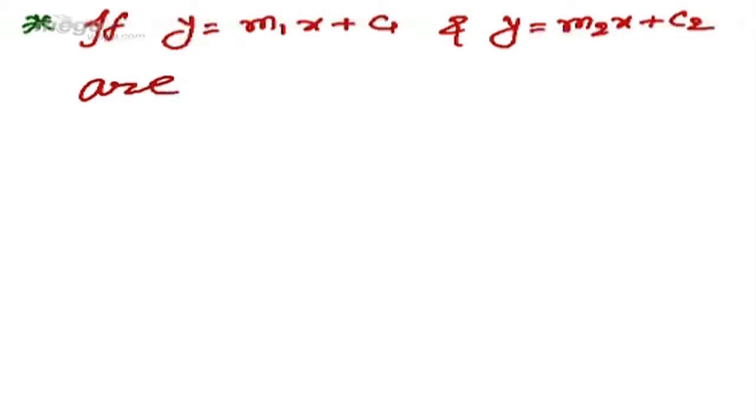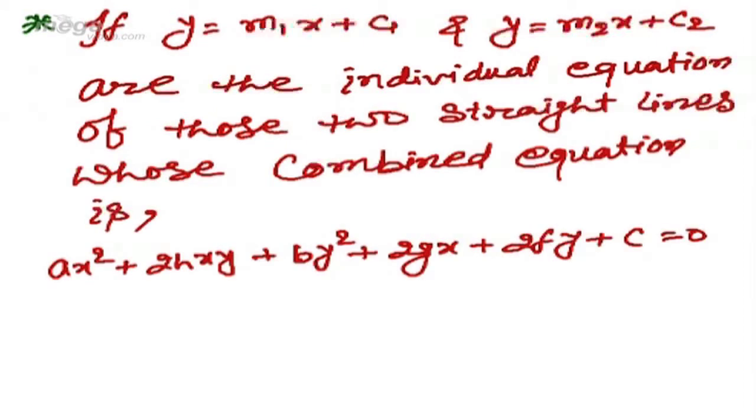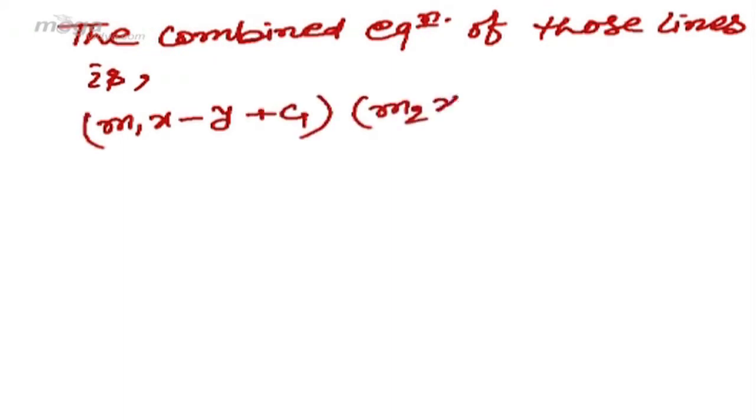If y is equal to m1x plus c1 and y is equal to m2x plus c2 are the individual equations of those two straight lines, then what will be the relationship between m1, m2, c1, c2 and a, b, g, h, f, c? You can write the combined equation of those lines as m1x minus y plus c1 into m2x minus y plus c2 is equal to 0.